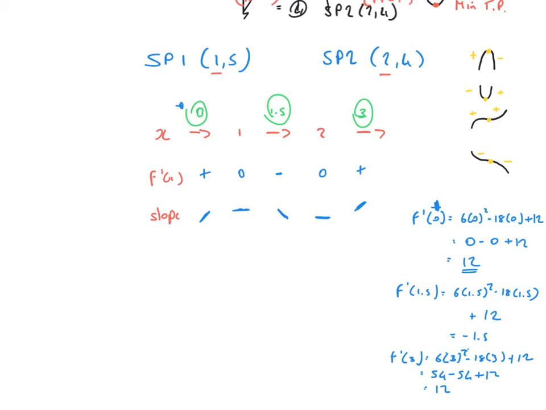Okay, now that clearly shows me that I've got a max turning point at stationary point 1, which is (1, 5), and a min turning point at stationary point 2, which is (2, 4).